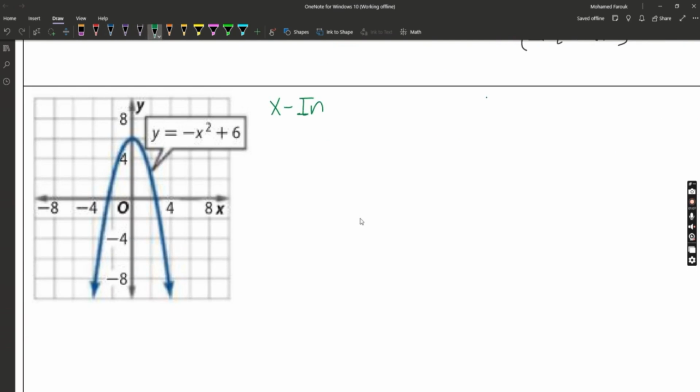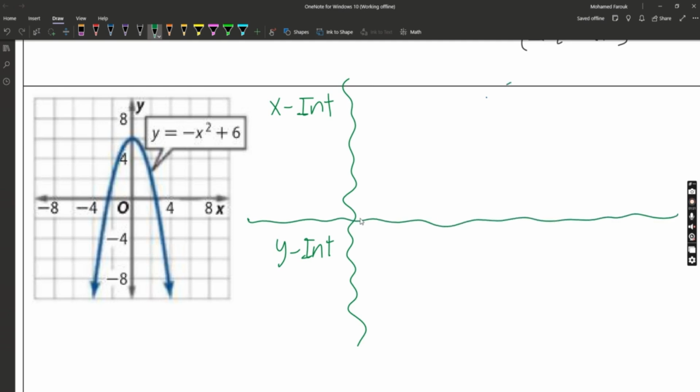x-intercepts, y-intercept. This one, let's make it like this, from the graph and algebraically.